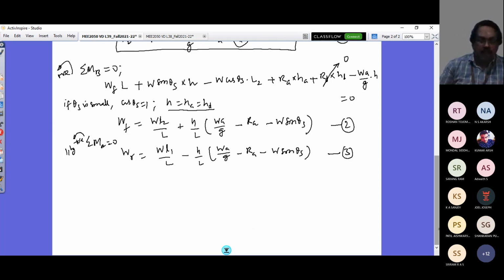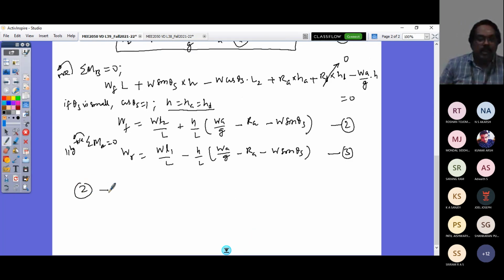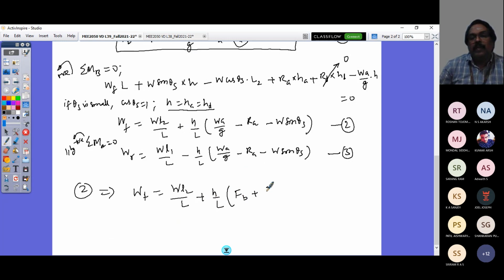So my equation 2 now becomes WF is equal to WL2 by L plus H by L into FB plus RR, where RR is given as the rolling resistance coefficient times the load W. That's my equation 4. And WR is going to be WL1 by L minus H by L, then bracket FB plus RR. That's my equation 5.